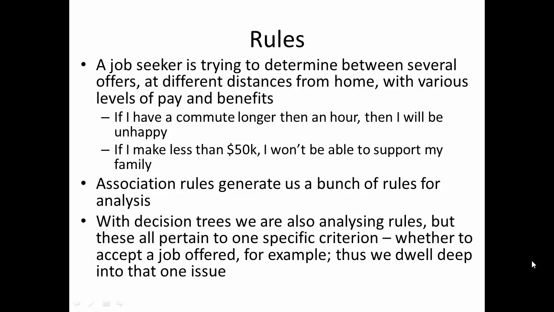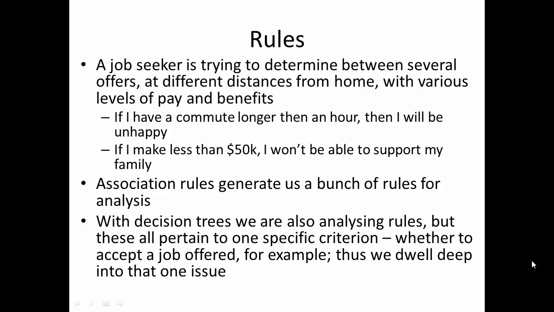And with association rules, we generated really a bunch of them to pick up interesting ones. With decision trees, we're also trying to analyze rules, but we generate rules which all pertain to one specific criterion, like whether a person, given this data on his job offer, is going to choose this offer or not.